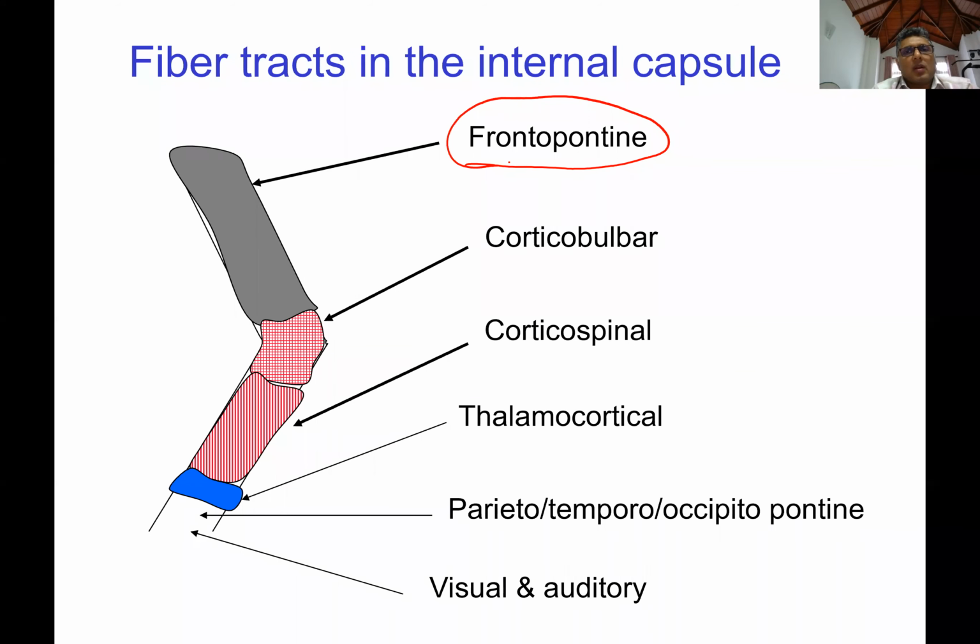Frontopontine means from the frontal lobe to the pons of the brainstem. These are all motor fibers, but you can forget them for the moment. Now the important ones are the rest of it. Now you can see these corticobulbar fibers. The internal capsule is for nerve fibers, you know that. Now here we are going to look at which nerve fibers pass through which areas of the internal capsule.